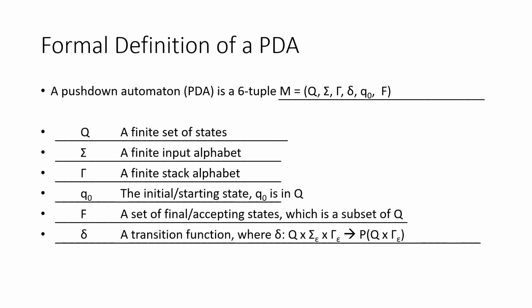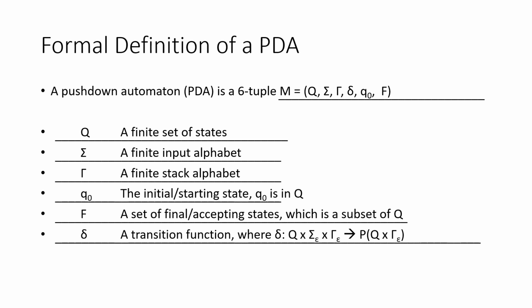And delta is a transition function where delta goes from Q cross sigma with epsilon cross gamma with epsilon to the power set of Q cross gamma with epsilon. Let's just look at a couple of things here. The input alphabet and the stack alphabet don't necessarily have to be the same thing.